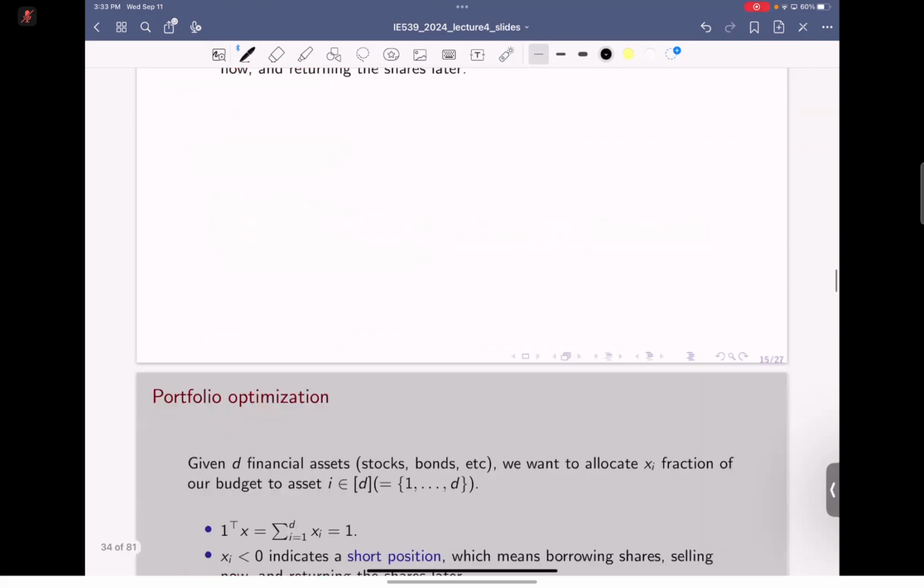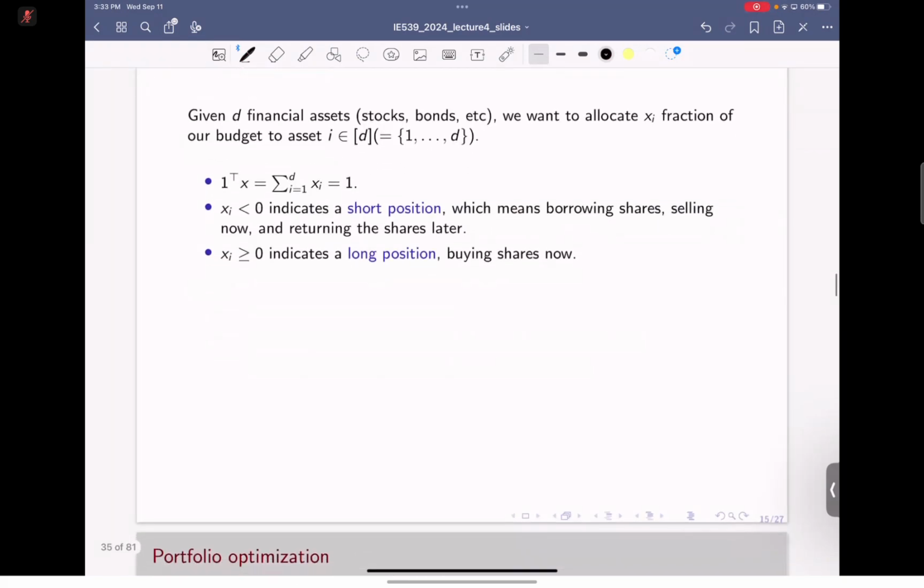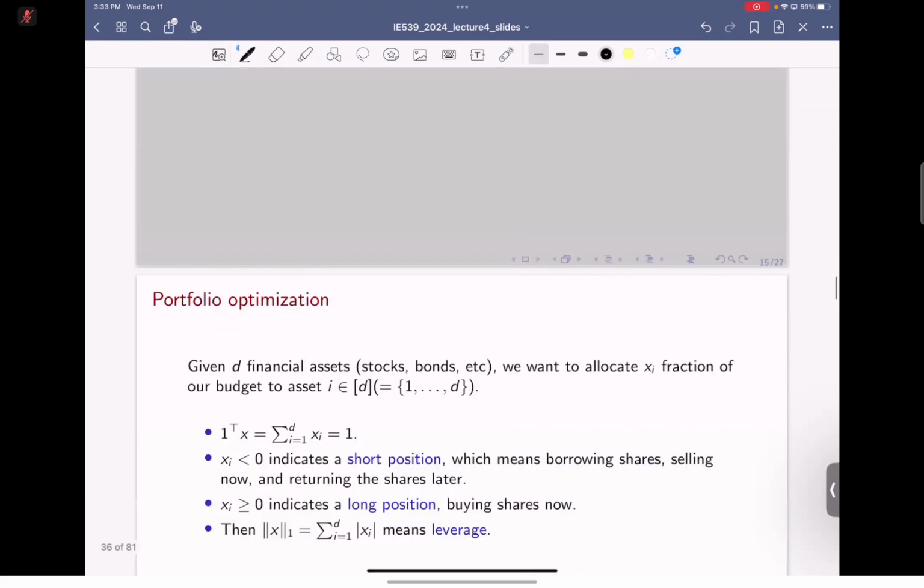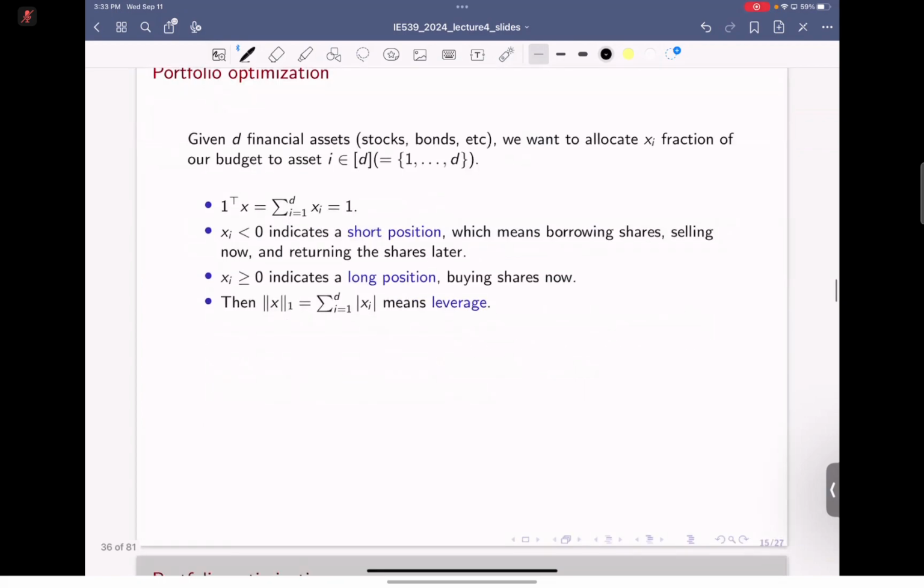If it's non-negative, it's the usual procedure of a long position, and you can combine these things. If you take the summation of their absolute values, that's the total leverage value. If it's greater than 1, it means that you actually incurred a large amount of leverage.